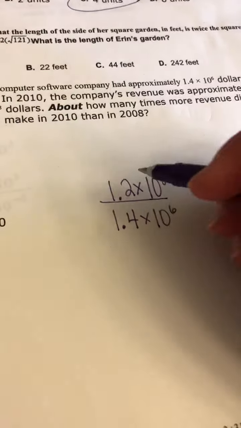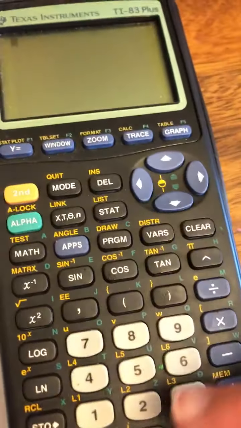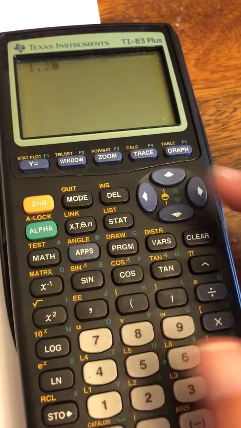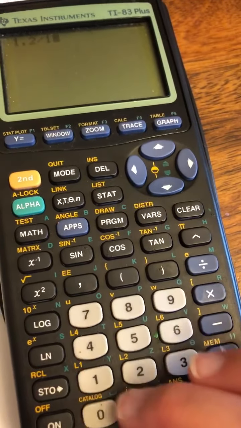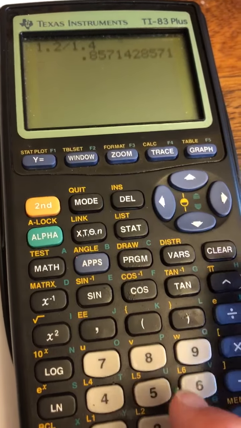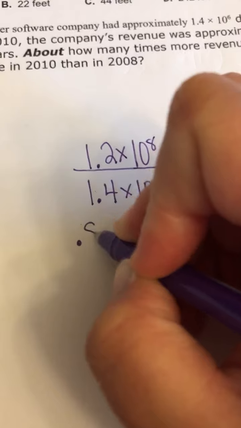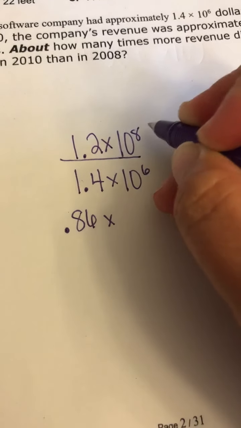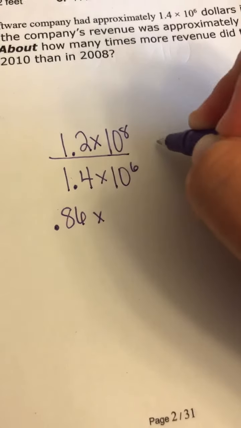So the rule is you divide your first numbers and subtract your exponents. So you could easily do that. So if we did 1.2 divided by 1.4, that's going to give me, we're just going to say 0.86. So when I divide my first numbers, and then you would subtract your exponents and keep the base.